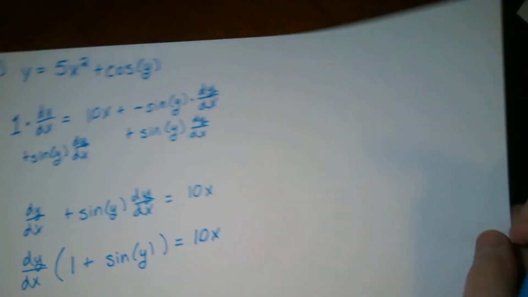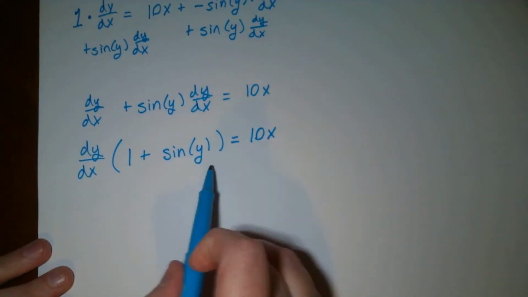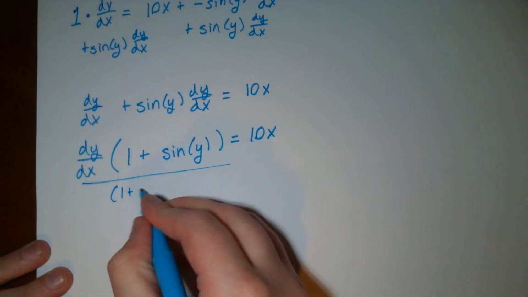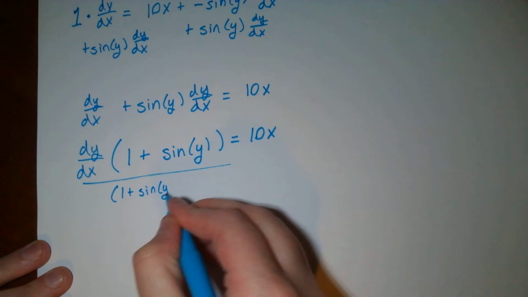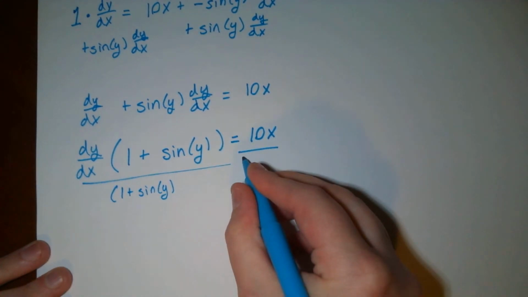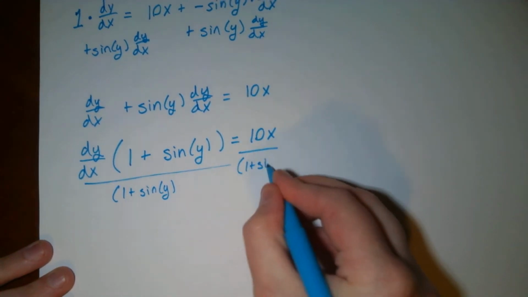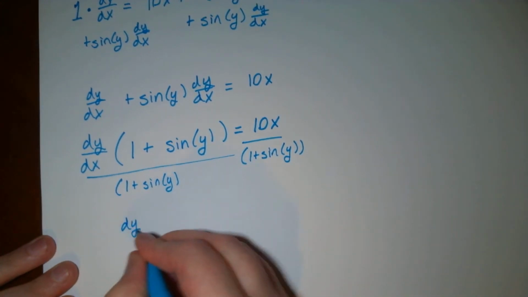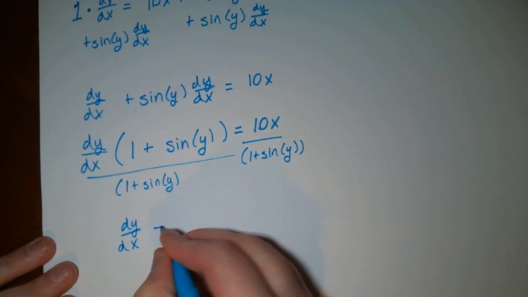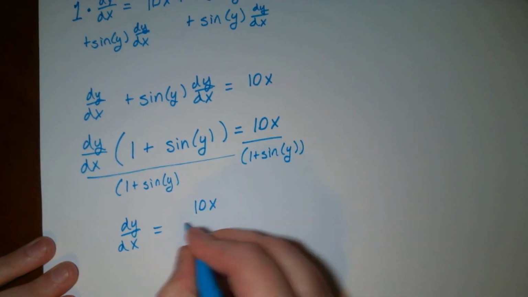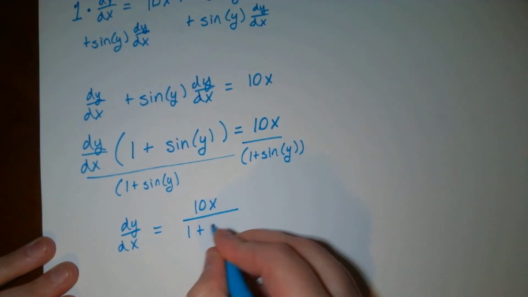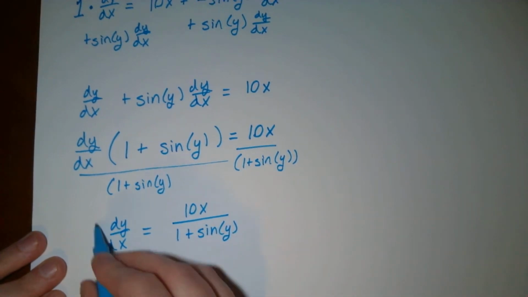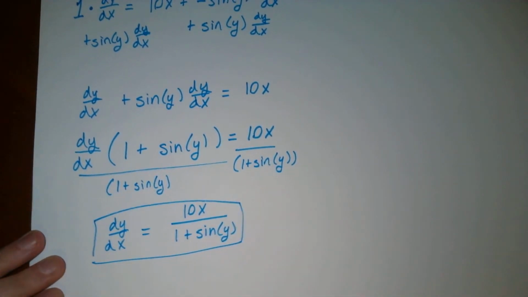Now, if I want to get dy over dx by itself, I need to divide both sides by 1 plus sine of y, and we will have dy over dx equals 10x divided by 1 plus sine of y. And that would be the derivative for this function.